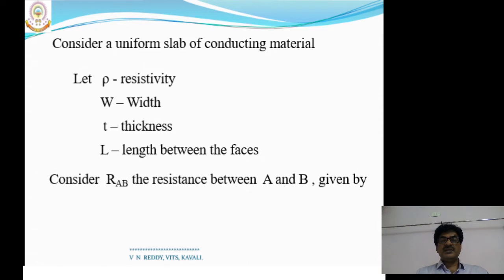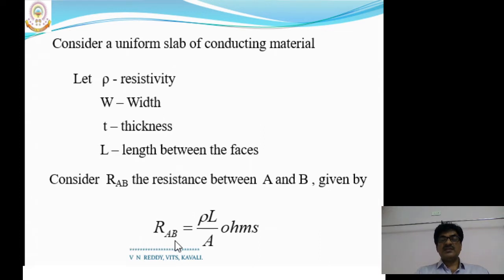Now, with reference to this uniform slab of conductive material, the resistance between the faces A and B is expressed as the resistance R equal to rho L by A in the unit of ohms.